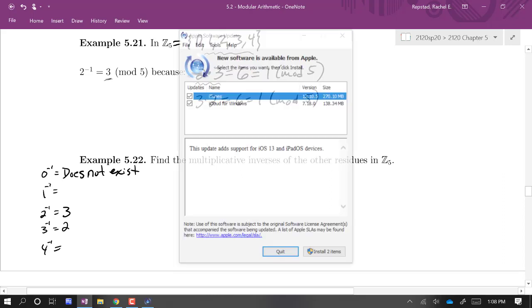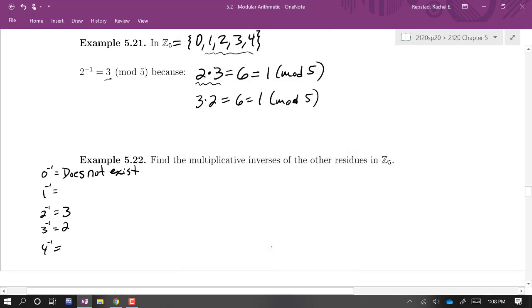The inverse of 1: what do I multiply by 1 to get 1 mod 5? It's going to be one of the numbers in the list of numbers in Z5 in the first place, and pretty quickly we can conclude that the inverse of 1 is 1, it is its own inverse. And in fact, the inverse of 1 is always 1 in every Zn.